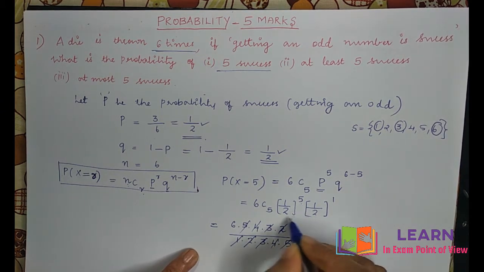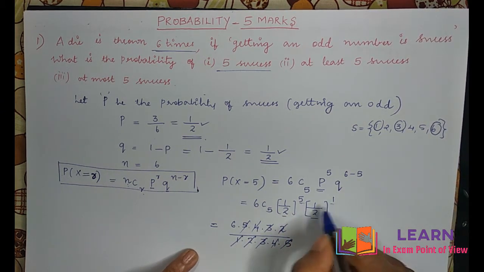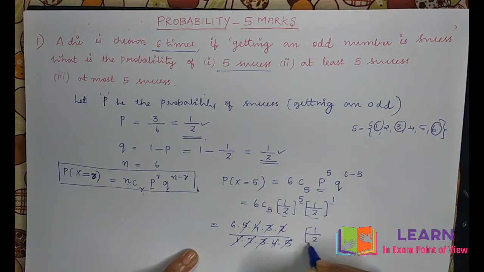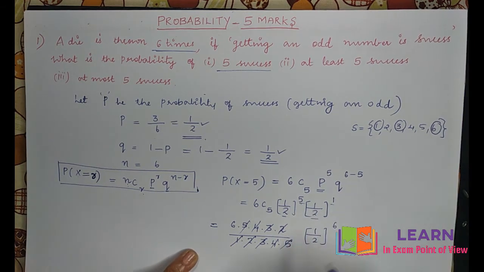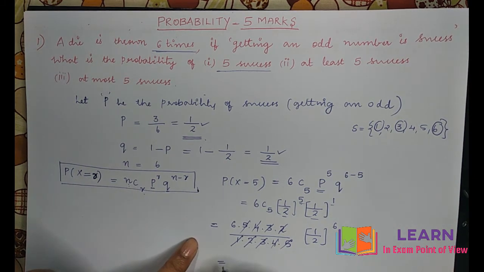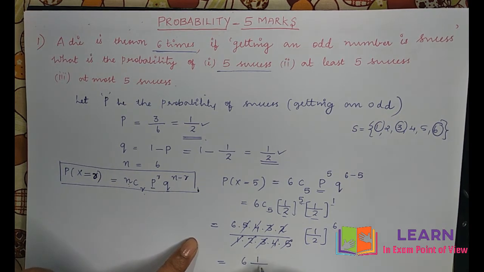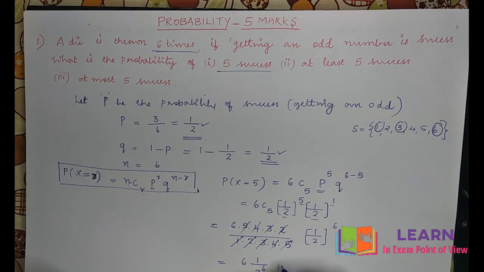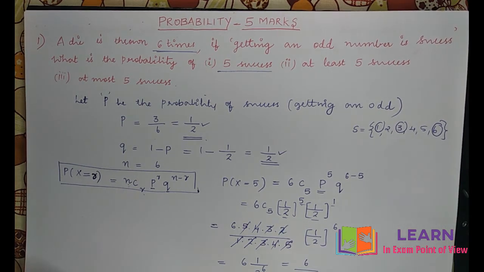The 1 by 2 terms are both the same. In that case, a raised to b times a raised to c is a raised to b plus c. So 1 by 2 whole raised to 5 plus 1, that is 6. So 6 times 1 by 2 raised to 6, that is 6 by 64.